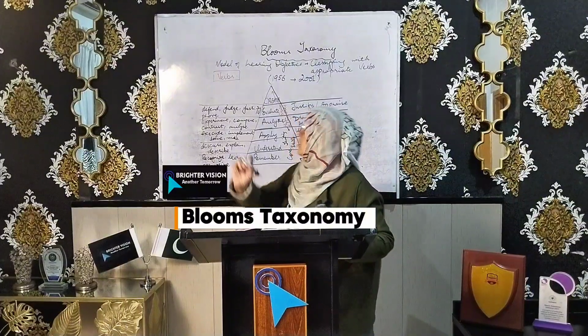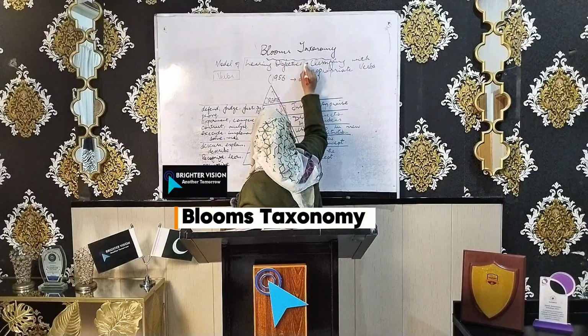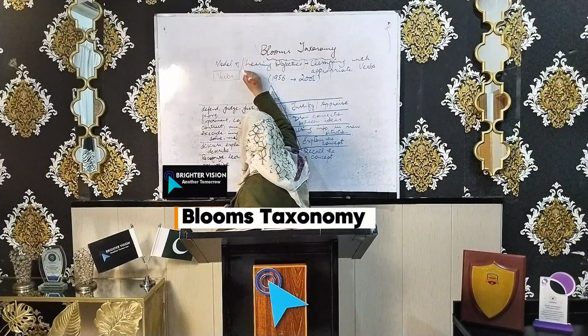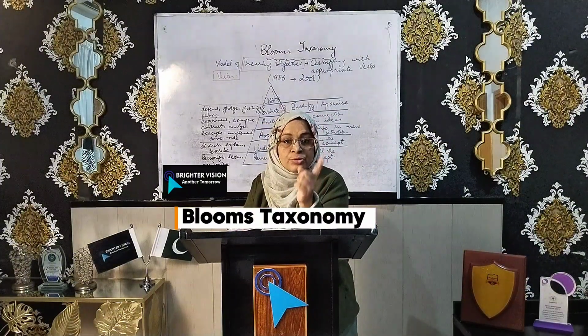Till that time creation is not done, your learning objectives have not been fully done. Till that time you are not able to create, your learning remains lower in the order. Got it?